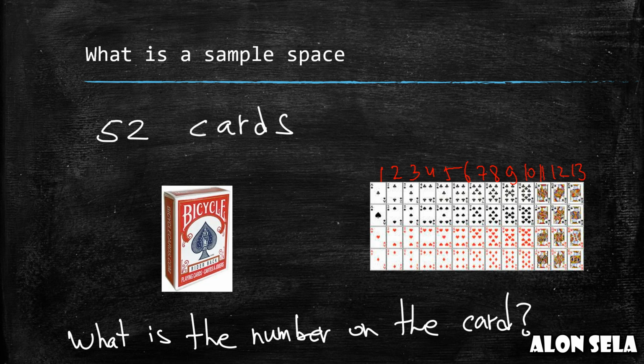So in this case we have 13 outcomes, and therefore our sample space will be this set of 13 outcomes: 1 through 13.